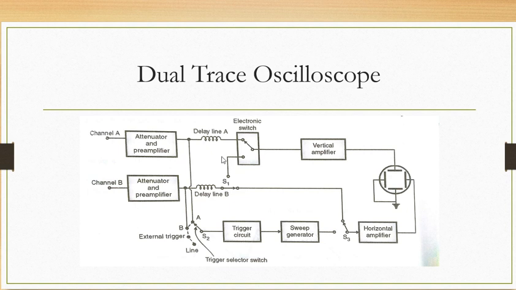These modes we will discuss afterwards, but you can also have channel A only mode, or if you want to use only channel B, then channel B only mode can be used. Otherwise you can do some mathematics with this. You can use modes like A plus B, A minus B, B minus A, or minus A minus B. So these many modes are available.